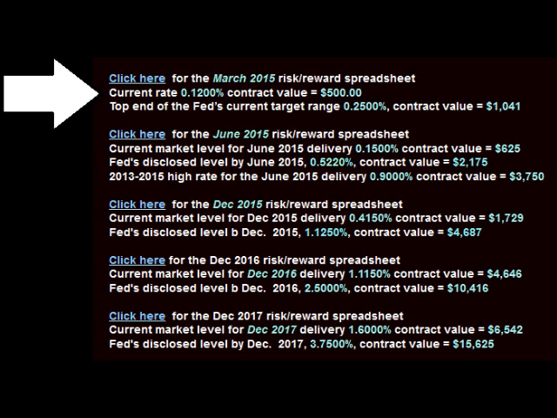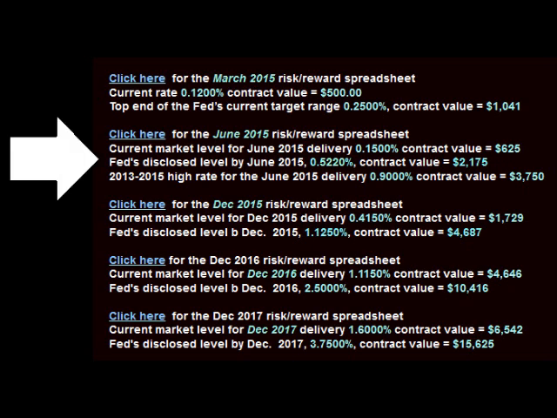We're currently trading at 0.12 for the March 2015 delivery. Contract value $500. If we go back to the current top of the Fed's target range of 0.25, this contract will appreciate from $500 to $1,041.